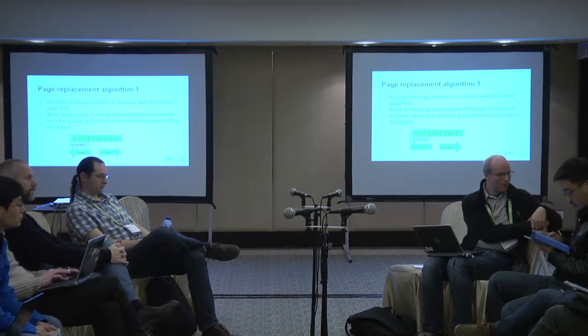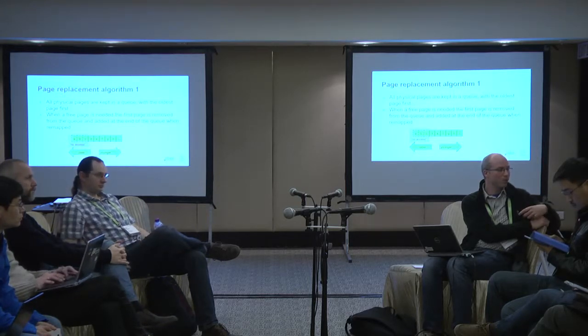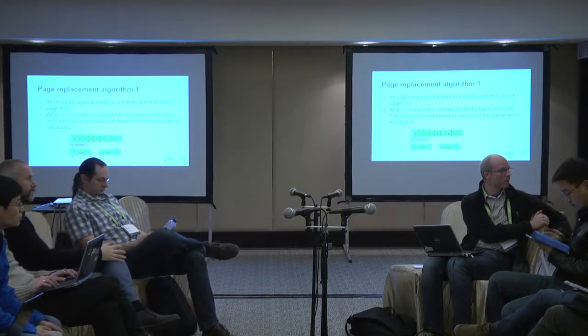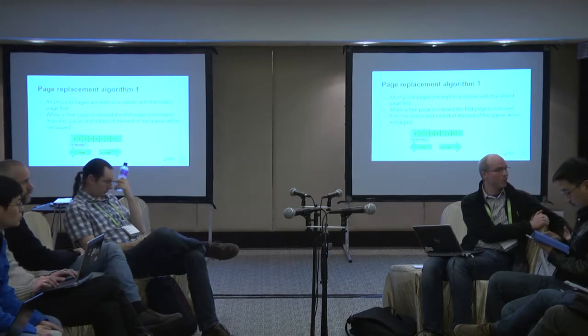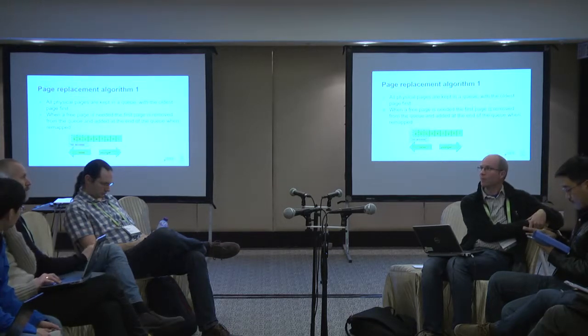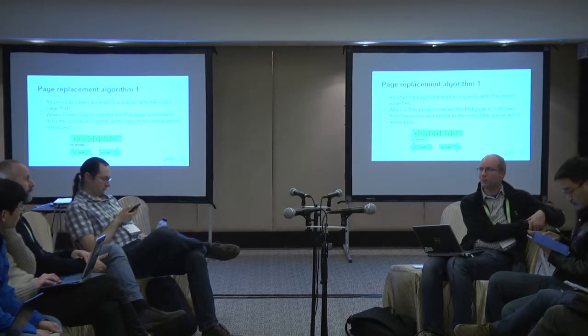No, the thing is that we only page read-only pages, so we don't need to page out. Because if we were to page out, we would probably need to encrypt it also, since it would contain something secret. So all hashes are pre-calculated during build time and put into a special section. Yes.